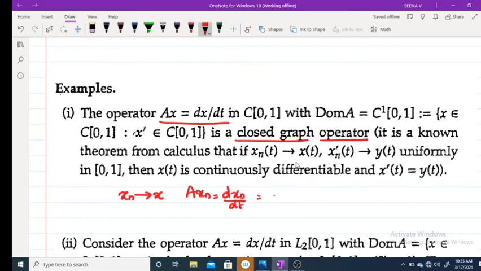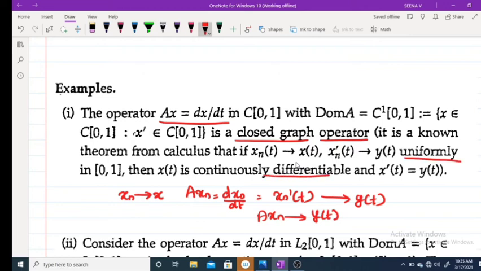So Axn converges to some y(t). By this result from calculus, x dash(t) equal to y(t), that is, Ax equal to y. So xn converges to x, Axn converges to y implies Ax equal to y.